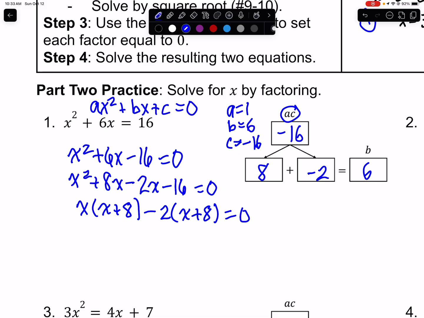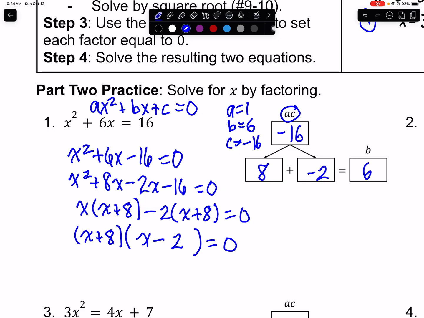Okay, and you remember at this step, you're always going to be pulling out an x. Sometimes you can pull out a number as well, but always expect to pull out an x there. Okay, and then you can say, oh, let me show you. Both of these have this term, right? Now, you can take that out front. And take it out front for that one as well, leaving you with just this.